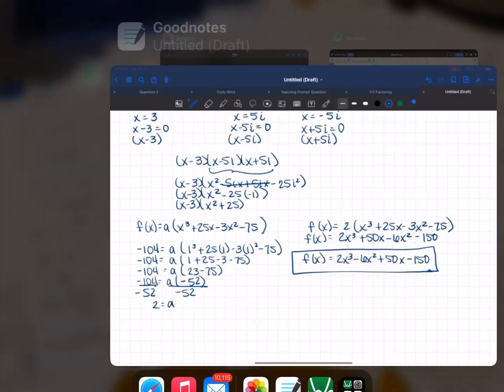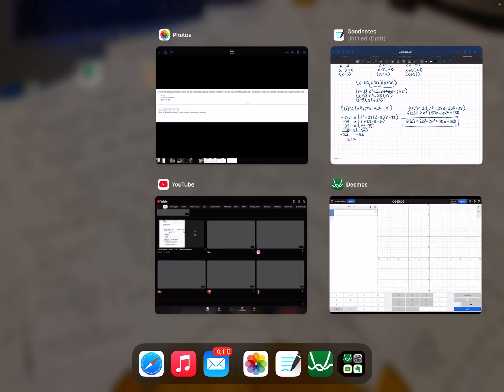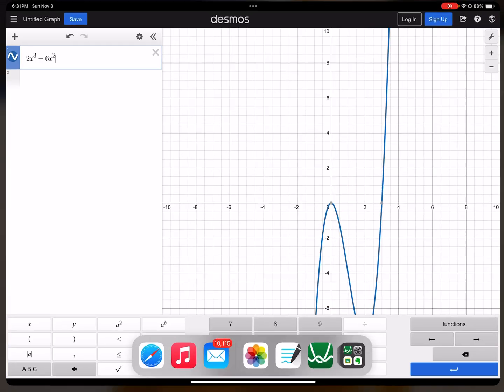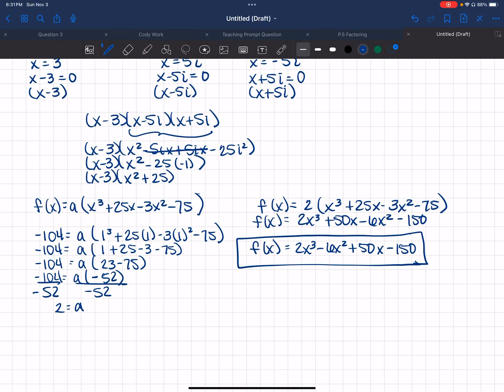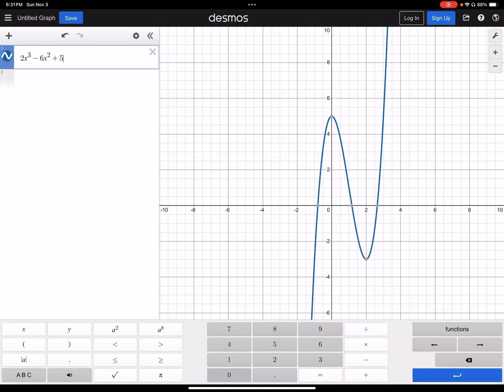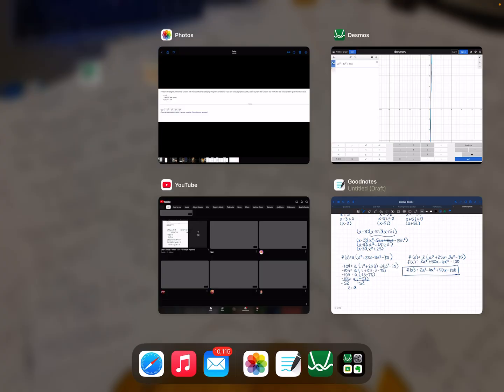And we are wanting to put in 2x cubed minus 6x squared plus 50x and then minus 150.